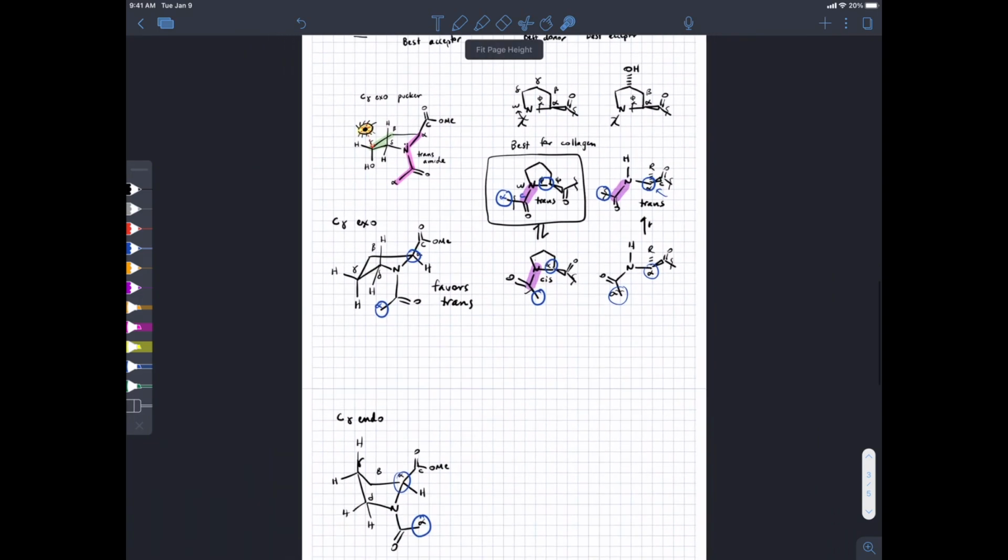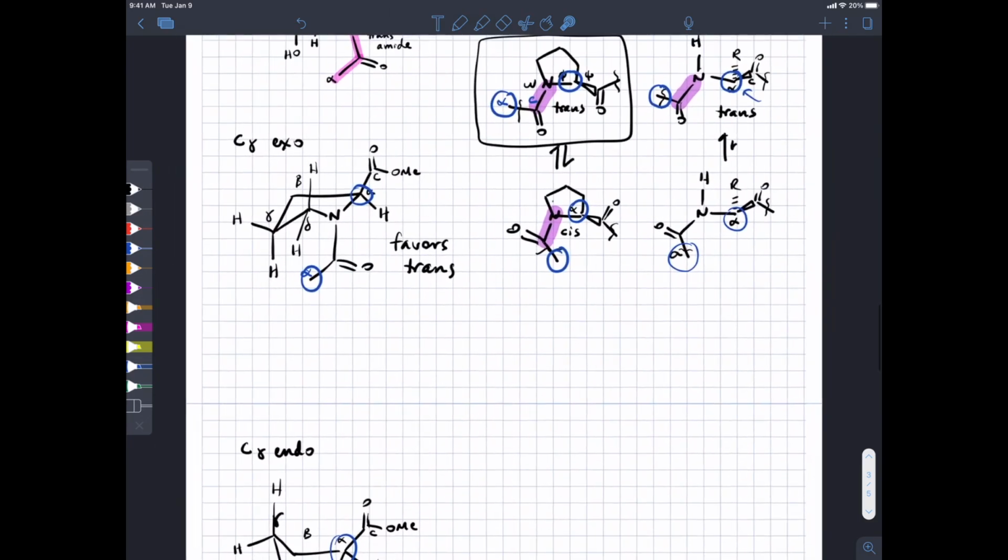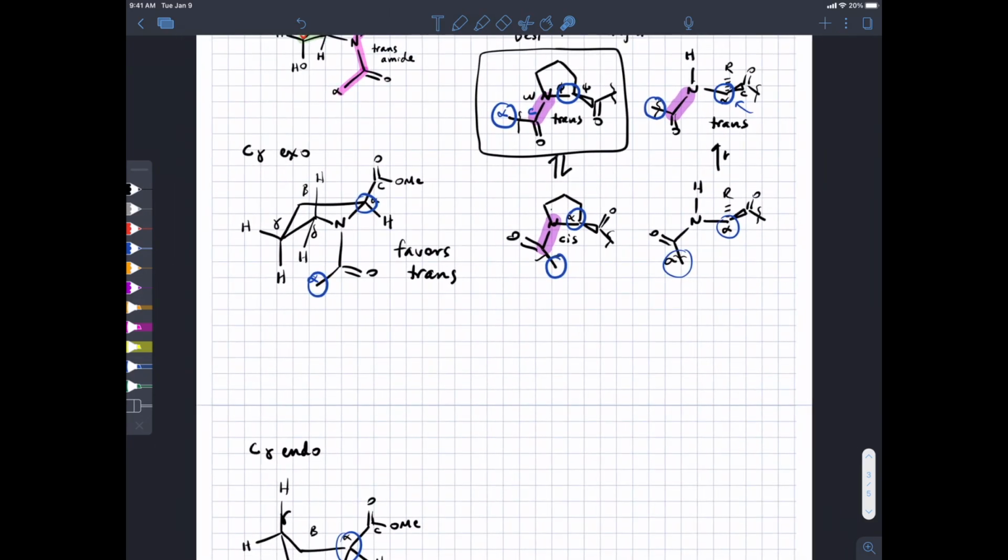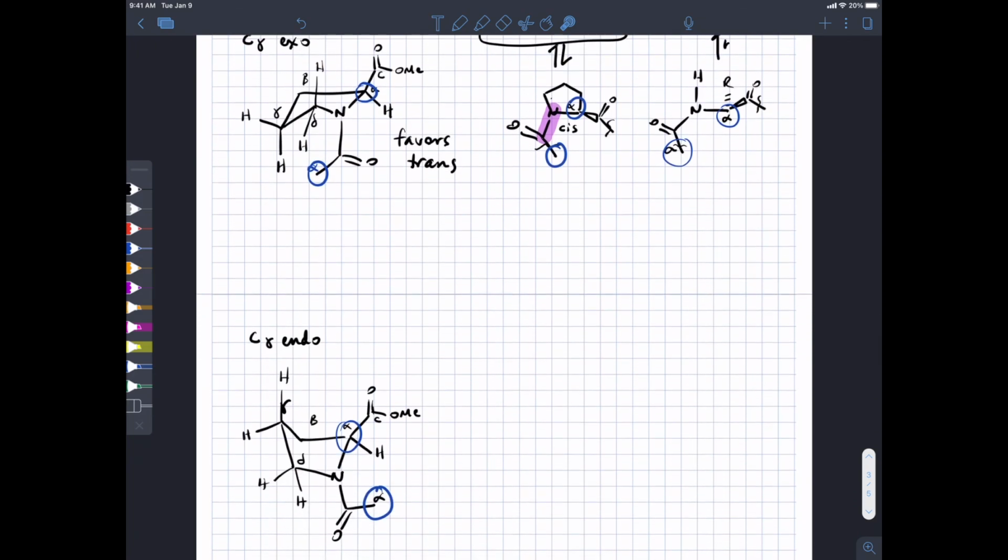Because if you wanted to make a more stable collagen where you need trans amides, you would want to somehow bias the ring to be in a C gamma exo conformation. Could you do something that would make that possible? And the answer is yes, of course.